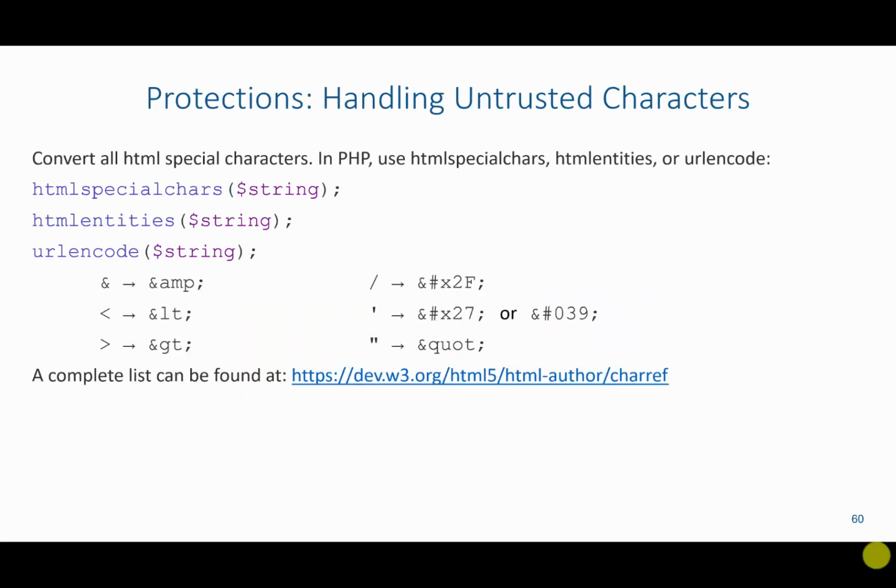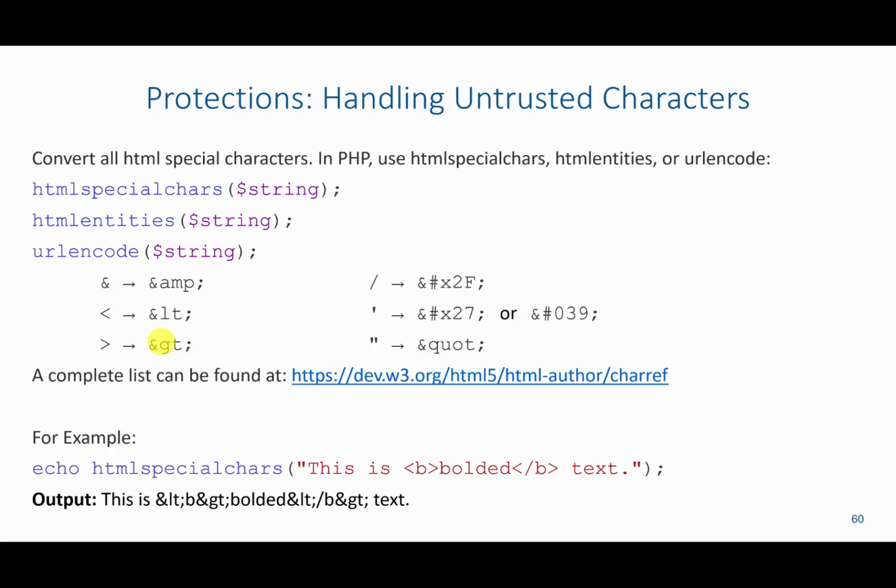In PHP, we can handle untrusted characters using htmlspecialchars, htmlentities, or urlencode. Essentially what this is doing is changing, for example, & to &amp; and < to &lt;. So these are the encoded versions of each one of these characters, to ensure that it is not interpreting these characters as what they are, but as what they should be seen as.